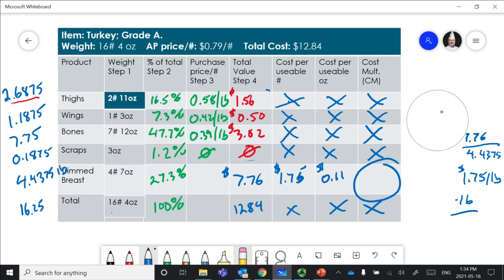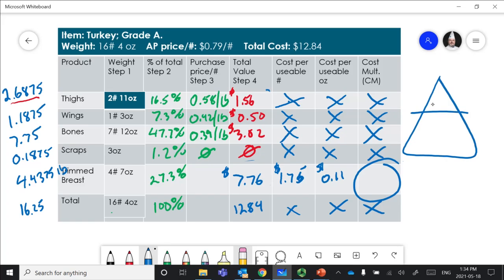So first off, I want to talk about if we had done the old triangle, like we did with our produce, with a yield of 27.3% at 79 cents per pound AP. If we had done that old AP dollars over EP dollars times our yield percentage, and we had 0.273, and we had our 0.79 divided by 0.273, we would have been paying $2.89 per pound, way more than the $1.75.